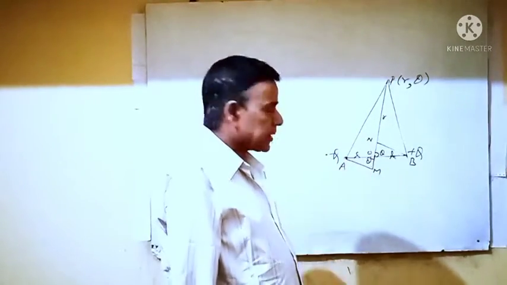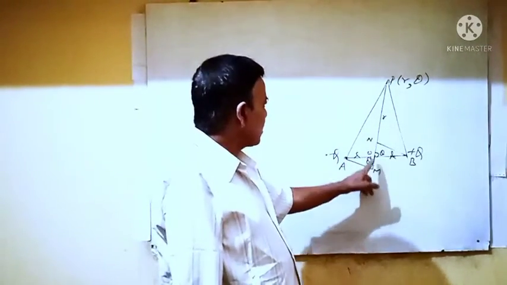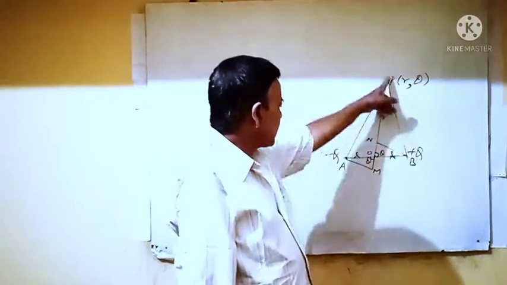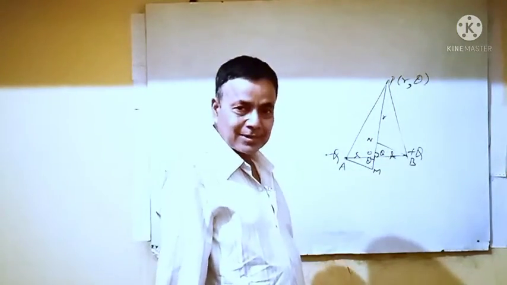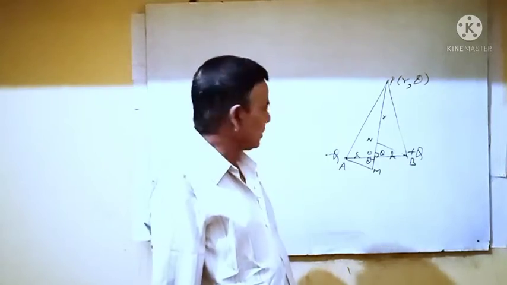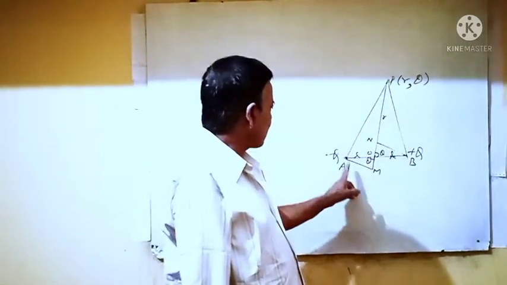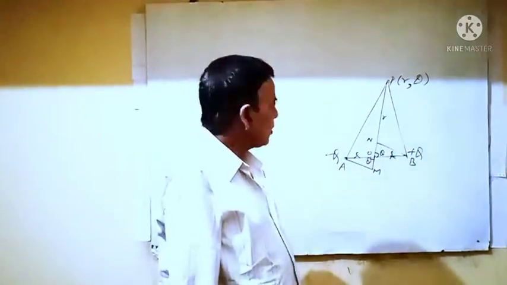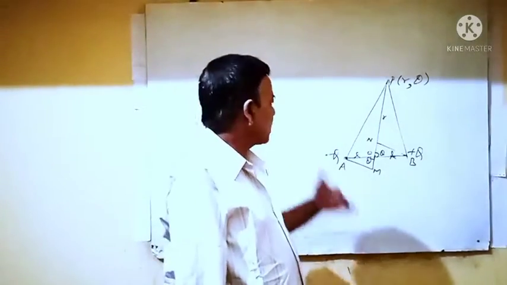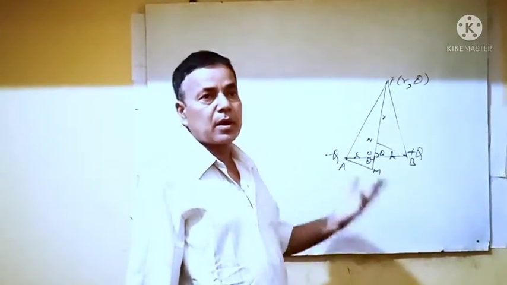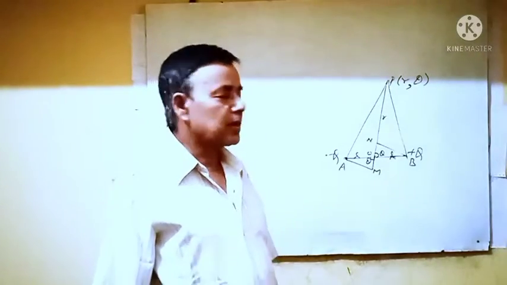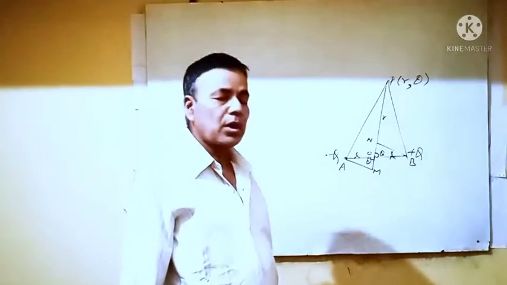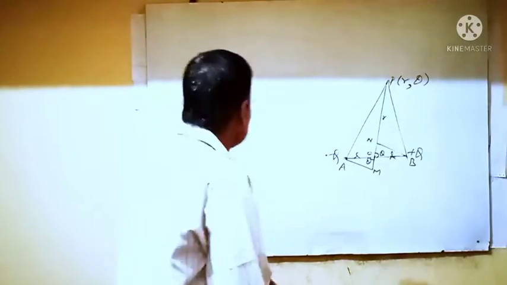OM is added to OP, so we will get PM, which is approximately equal to AP. Now we will get the distances and the potentials, and after that both will be added, and we will get the potential at point P due to the electric dipole.